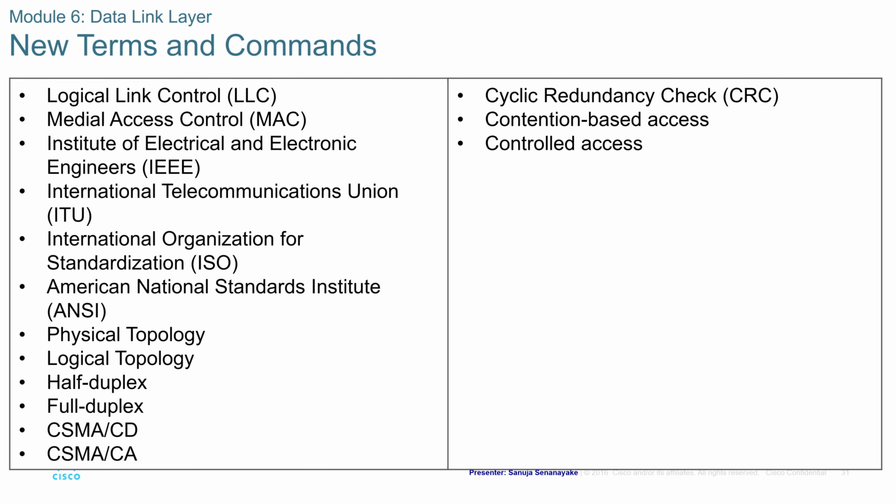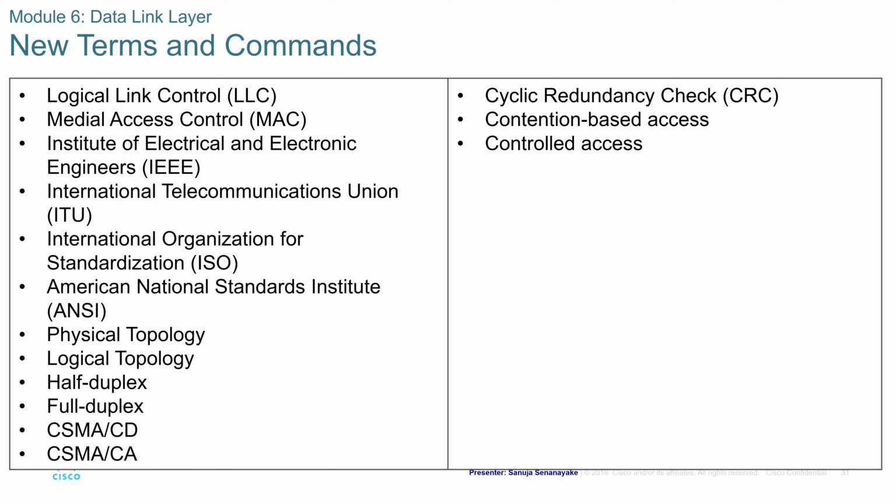So this is just a summary of terms and commands that you should know. The LLC, MAC, and IEEE: what they did for standardization is not that important, but what you need to remember is that IEEE, ITU, and ISO standardize things, and ANSI standardizes things. You need to understand the differences between physical and logical topology. You need to understand the differences of half duplex and full duplex.